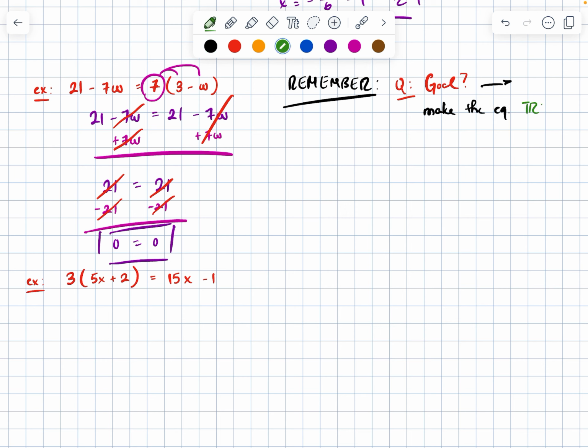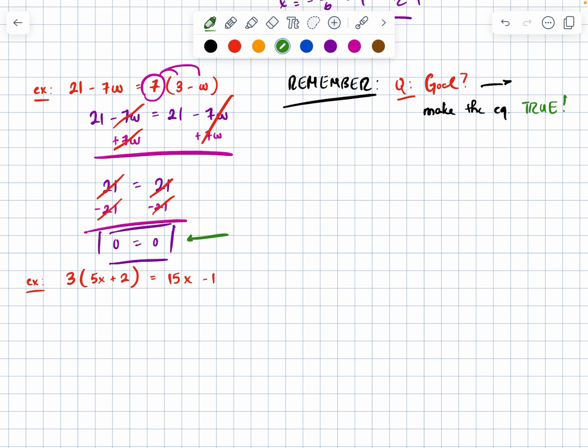So my goal is to make the equation, I'm going to abbreviate EQ, true. That means my goal is to find a value so that when I plug it back into the equation using substitution, it makes both sides equal.